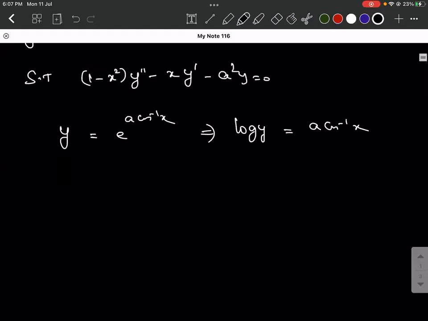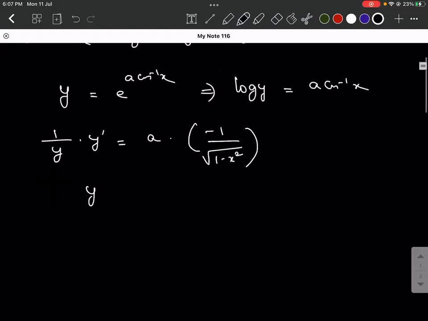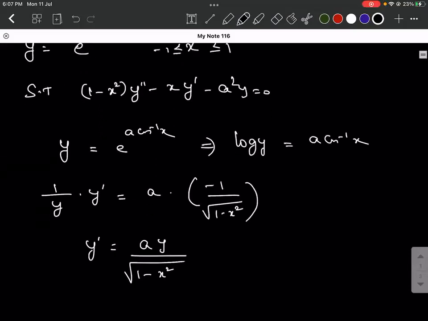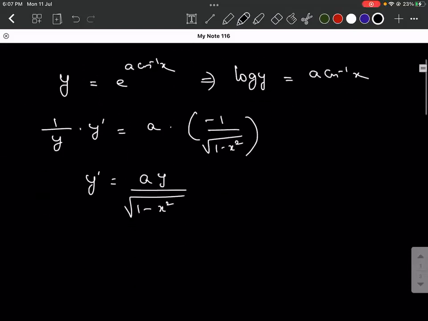When you differentiate, you get 1 by y into y dash is equal to a into the derivative of cos inverse x, which is minus 1 by root of 1 minus x square. So y dash will be equal to minus a into y divided by root of 1 minus x square. Is it right?